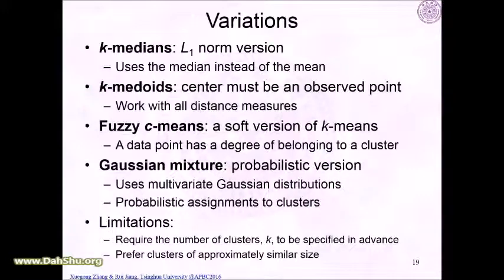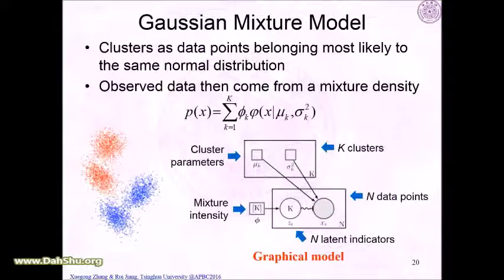And there are different methods available for trying different cases. For the Gaussian mixture model, we assume that the data are a sample of multiple Gaussian distributions, and each Gaussian distribution represents one cluster.